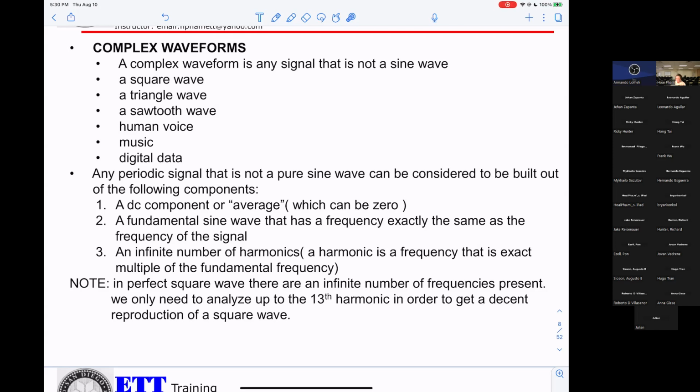That's what they're telling you. Okay? That means if you're working on a square wave, the maximum harmonic we can go up to is 13. They can go 13, 15, 17, and so on. However, they want only up to 13 for any calculation.